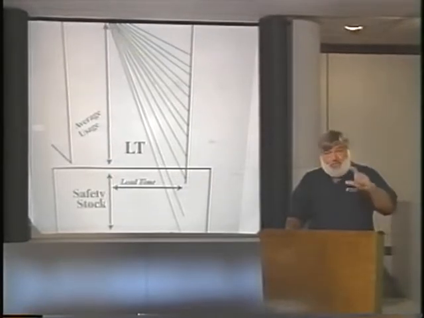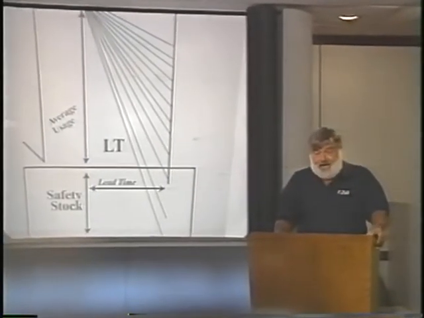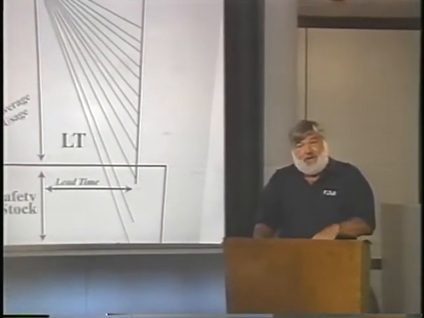And the bottom portion is the safety stock. So this illustration here is tying together the formula for the order point. It's equal to the average usage times the lead time plus safety stock. And safety stock, if you remember, is derived from mean absolute deviation times the safety factor from a table of safety factors and service levels.